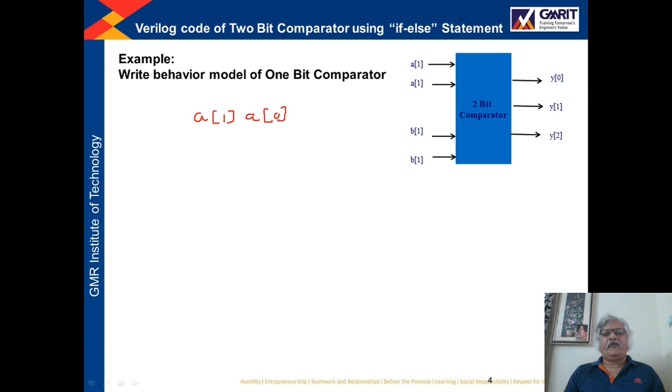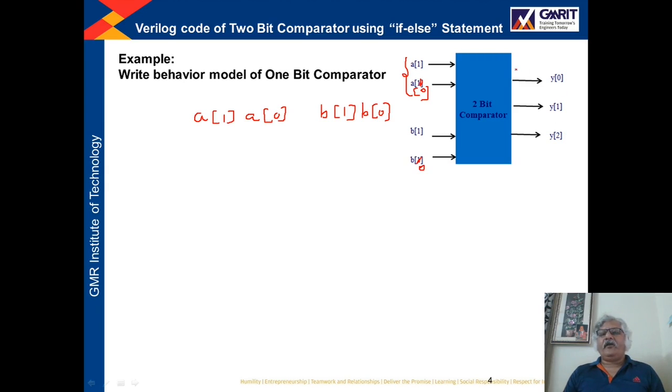So these are the 2-bit number, the first 2-bit number, and it is compared with the second 2-bit number, that is B1, B0, right? So see here, A1 A0, this is inside the bracket we have to write 1 to 0. Then B1 B0, also 1 to 0. And there are 3 outputs, Y0, Y1, Y2, right?